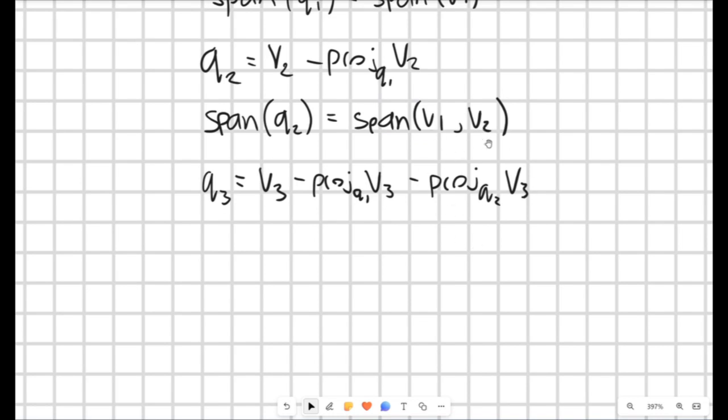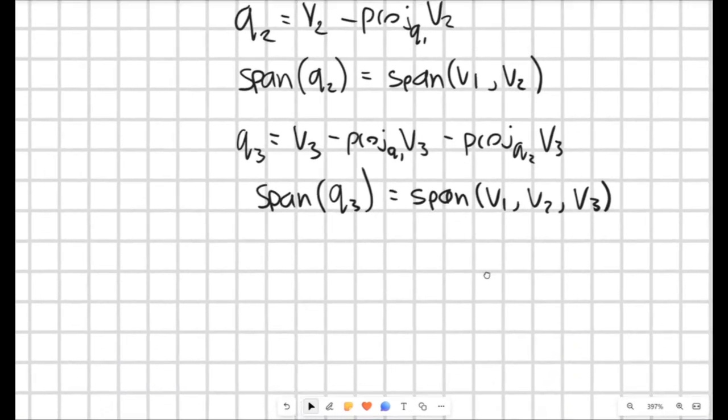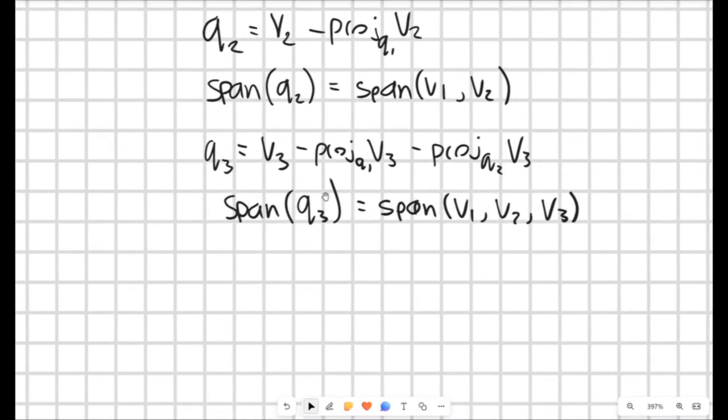So if that's a linear combination of V1 and V2, this is in the V1 direction, and this is a component in the V3 direction. So putting all that together means that the span of Q3 is going to be equal to the span of V1, V2, and V3. And we can continue with that logic to arbitrary Q.